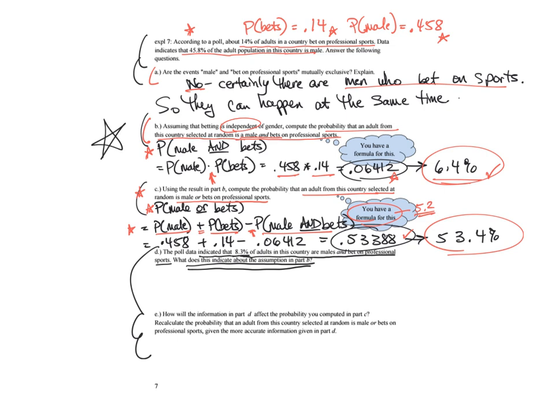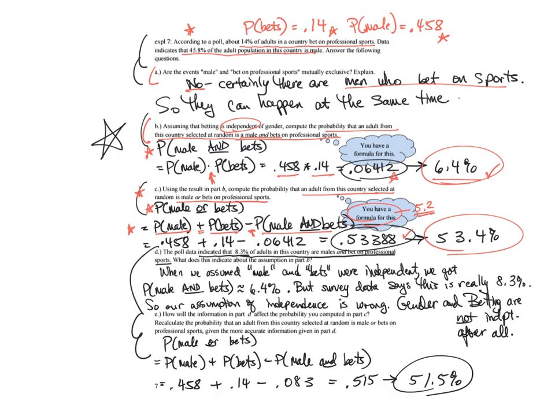The assumption that we used to make that answer up there. So pause me down, think about that, and come back. All right, so on part D the poll data actually indicates 8.3% of the adults are male and bet on sports. It asks, what does this indicate about our assumption in part B? And again, going up there, we are assuming that betting is independent of gender.